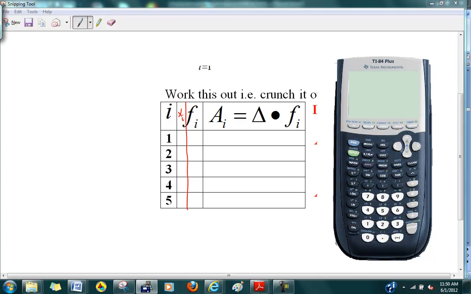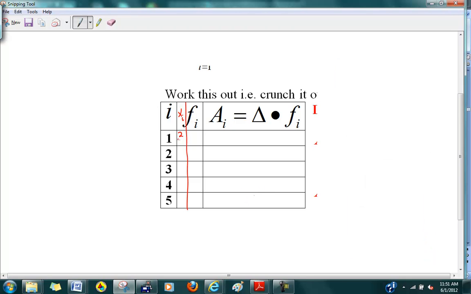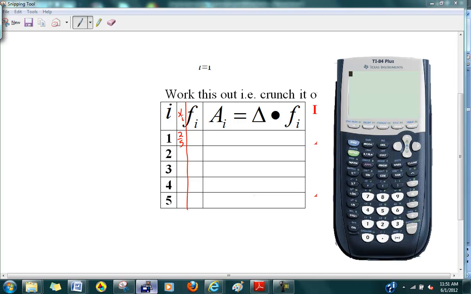So when i equals 1, what's the x-coordinate? Thank you. And then what you're going to do is find the function value at that point. This is an easy way to do it on the TI-84. Everybody following me?